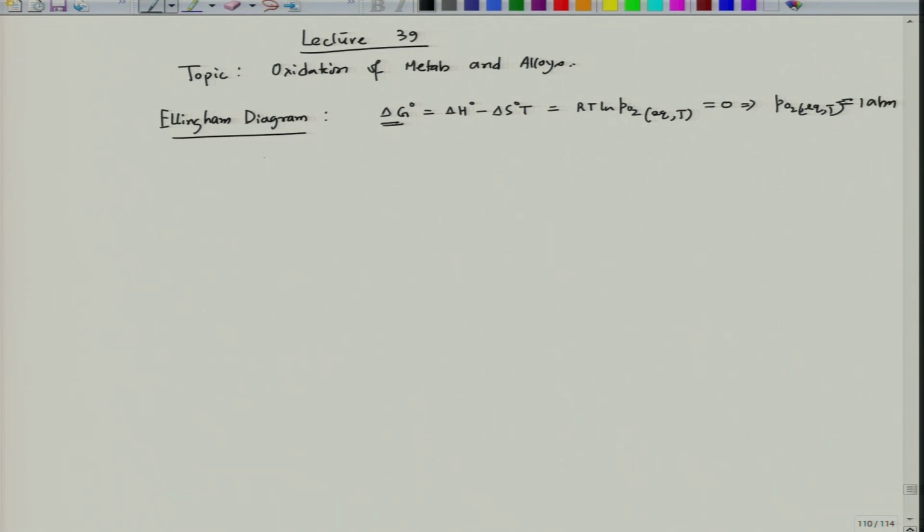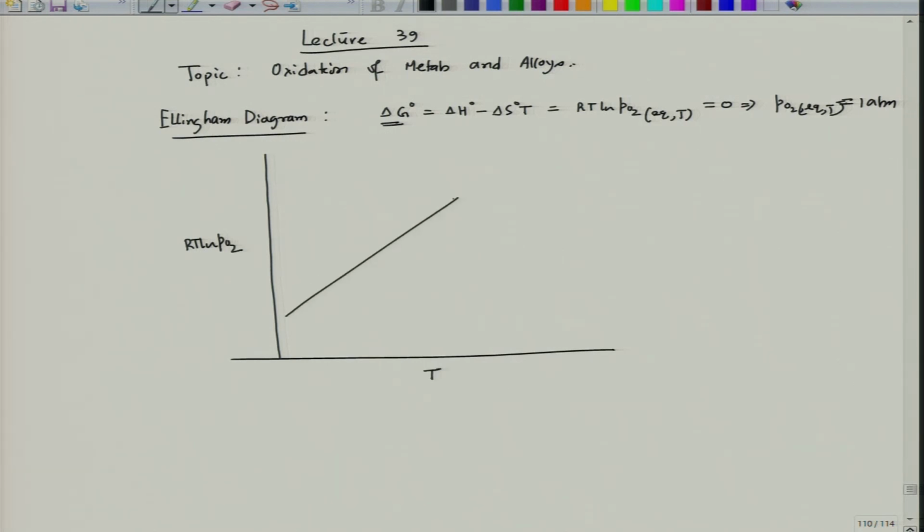Now, the plot between RT ln PO2 and T is this, and let us say I am considering only one case, metal plus O2 equal to MO2, and let us say this is the 0 value, which is equal to delta G naught.